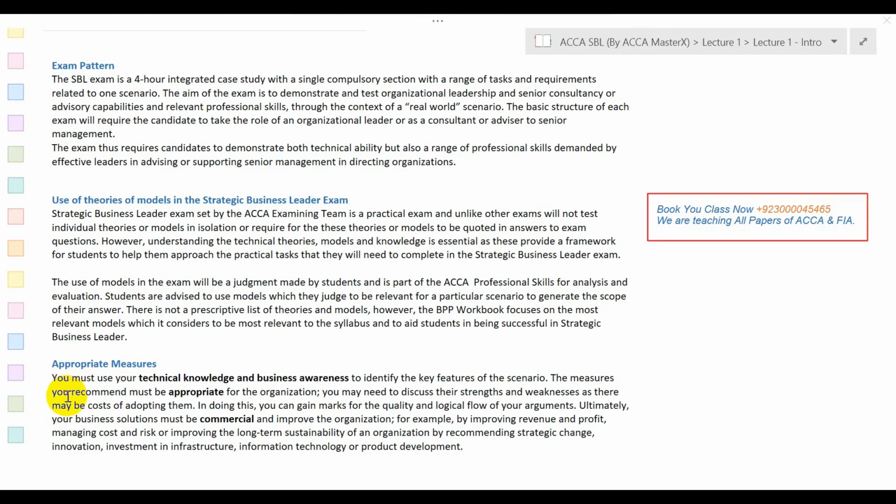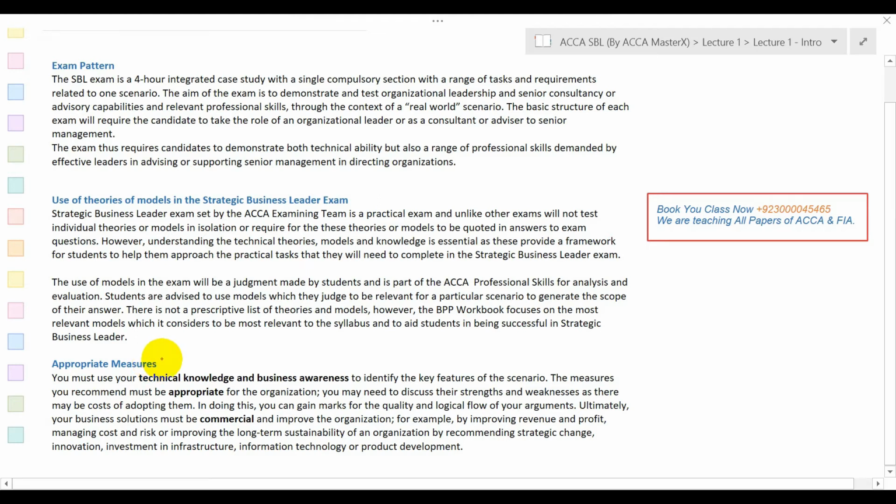Next, we have appropriate measures. The examiner will give you a question where a company will be struggling with something. And as a business advisor or a business leader, you will have to come up with a solution, and you will have to recommend appropriate measures to the senior management.